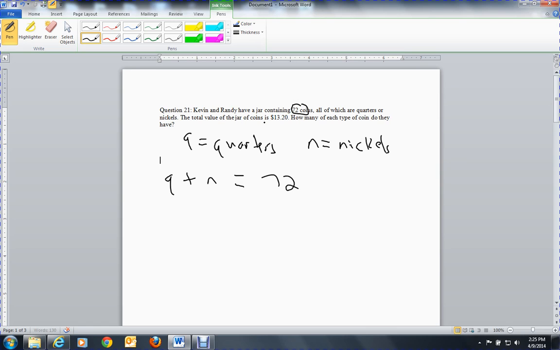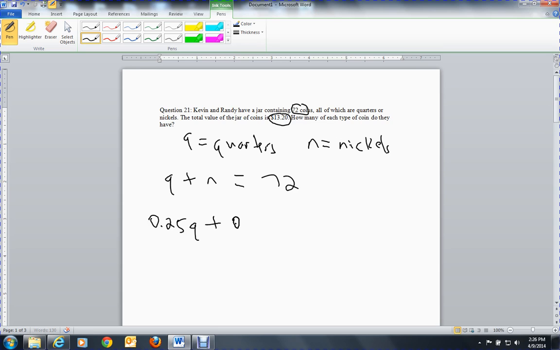Next equation is going to be for the amount of money. Now, we know that quarters are 25 cents, so I'm going to use a decimal, 0.25, to represent a quarter. The reason why I'm using the decimal is because the dollar amount is in terms of decimals also. It's 25 cents for each quarter. We don't know how many quarters there are, except for the fact that it's Q, so we'll use 0.25Q to represent the amount of money in quarters.